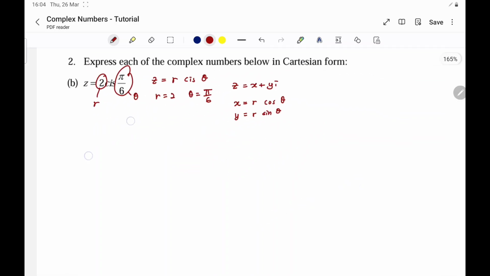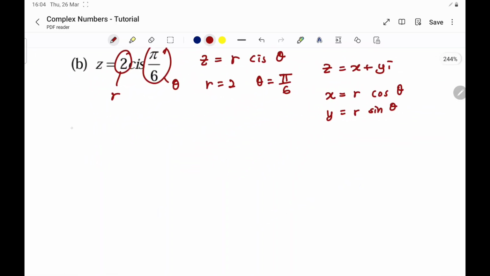Okay, now you just find x first. x is equal to r cos theta, r is equal to 2, theta is equal to pi over 6. And then here you can use your calculator. 2 cos pi over 6, you're gonna get square root 3.